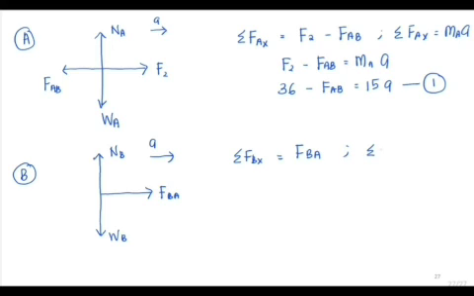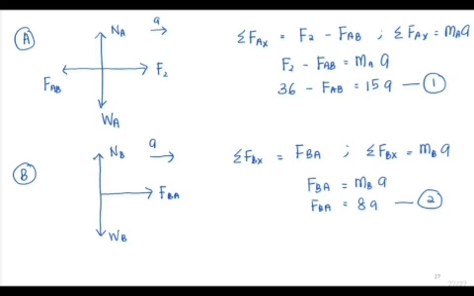And the resultant force of box B at X component also equal to MBA. Therefore, FBA equal to MBA. Here, mass of box B is 8 kg. So this is number 2.